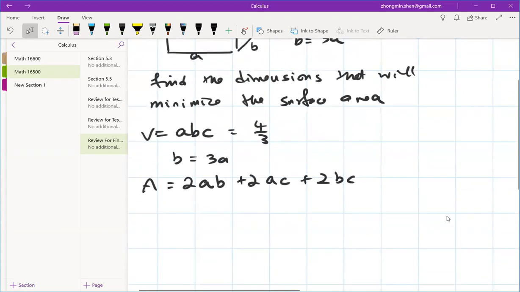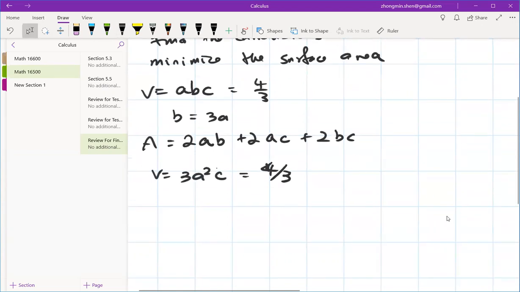So look at the above condition. B equals 3A, so I can get rid of B, okay? Because B equals 3A, the volume is going to be 3A squared C, and that equals 4/3, right?